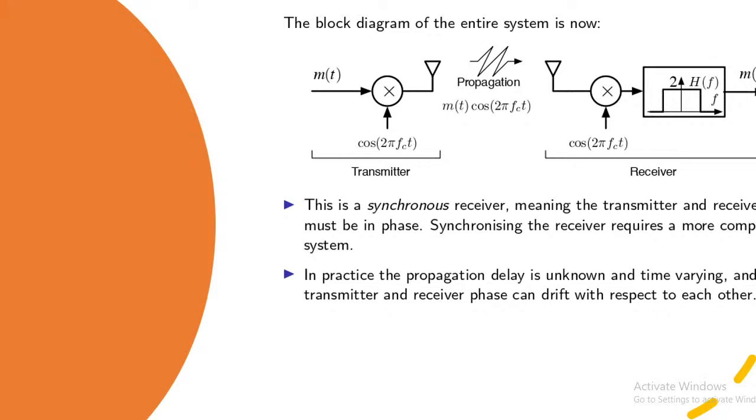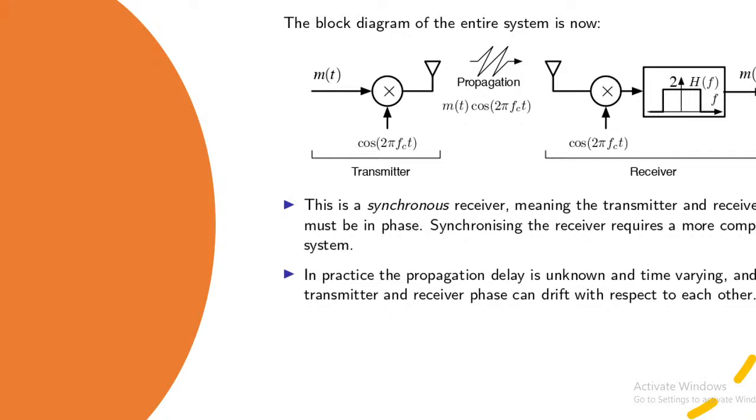Now this is a block diagram for the entire system. We took m(t), then took a multiplier. In the multiplier, we multiplied m(t) with cos 2 pi fct, which is the transmitter. At the transmitter end, we did this multiplication, then transmitted it through one antenna. That propagates and is received. The multiplication gives you m(t) cos 2 pi fct, which is propagating, and it is received at the receiver antenna.